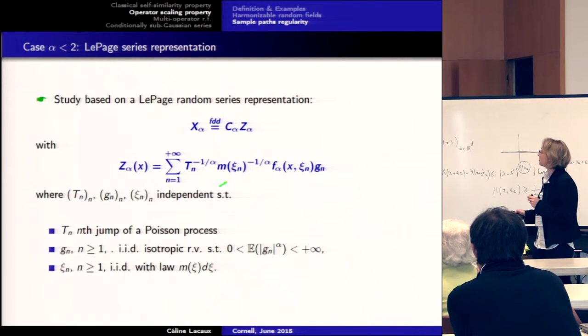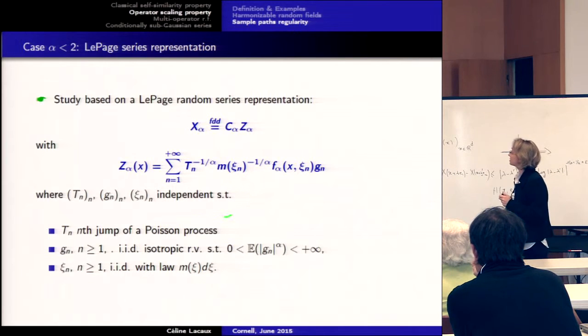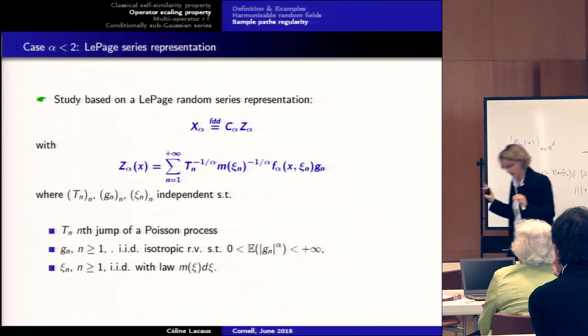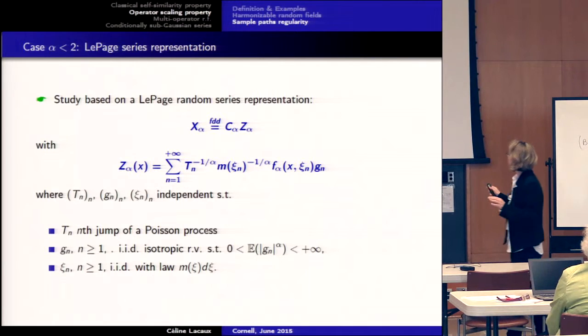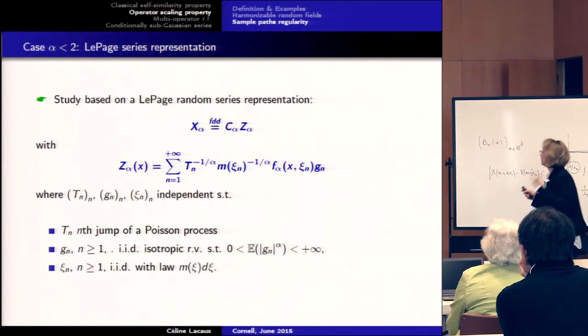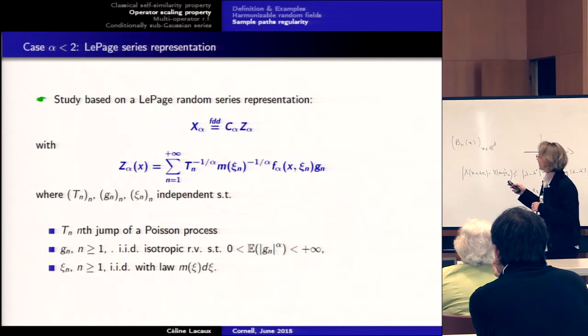And for M, I can choose what I want as soon as this gives me an absolutely equivalent flow, to forget the assumption. And so Cn are i.i.d., and the law is given by L.